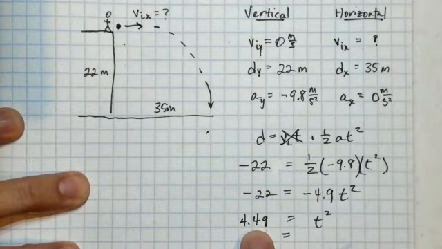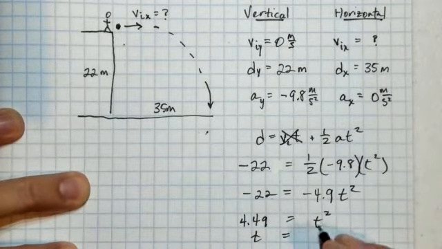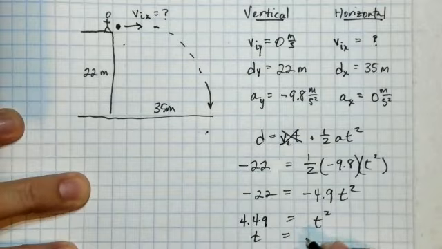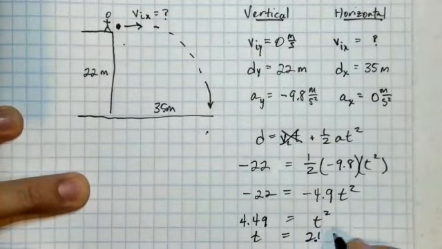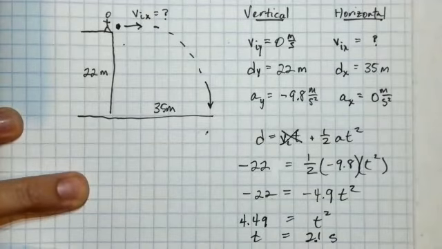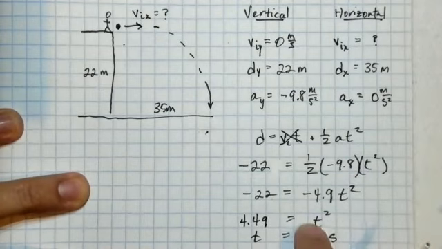So I'm going to take this 4.4897959... and take the square root. And that gives me a time of 2.1 seconds. So the projectile is in motion for 2.1 seconds.